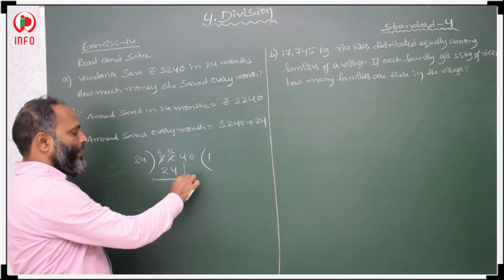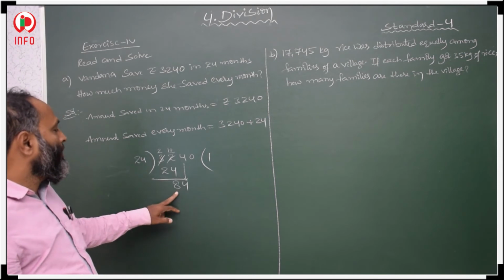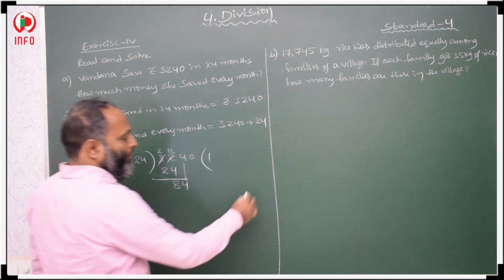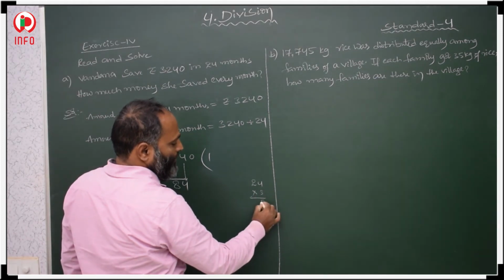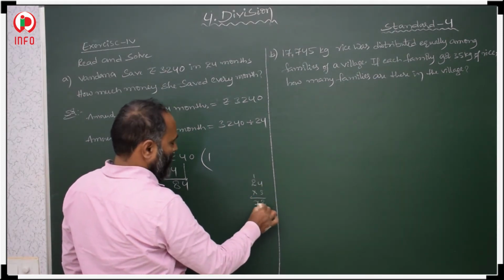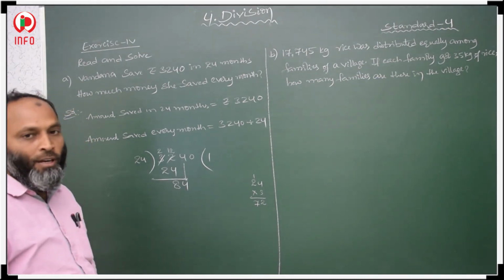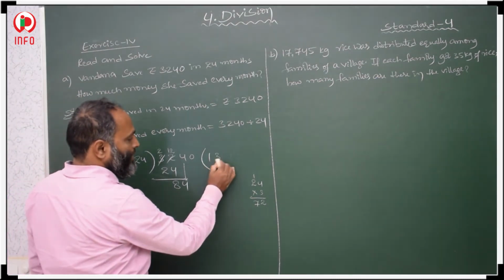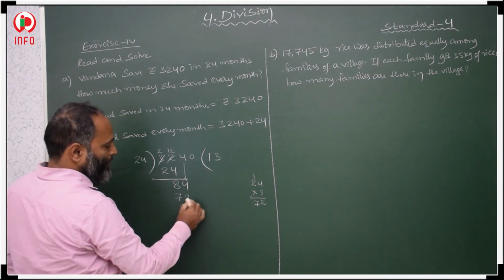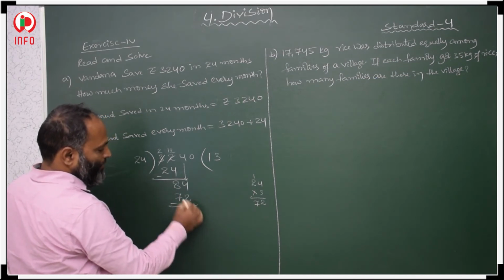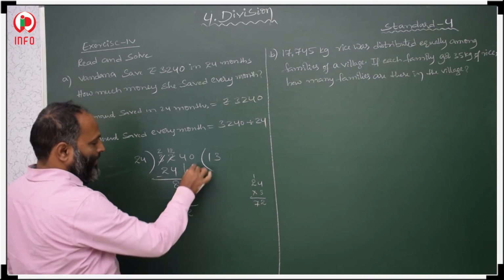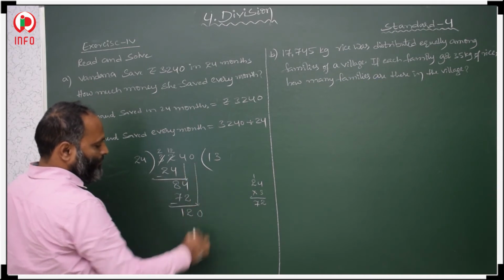Now 24 3s are 72. 4 minus 2 is 2, 8 minus 7 is 1, then bring down 0.